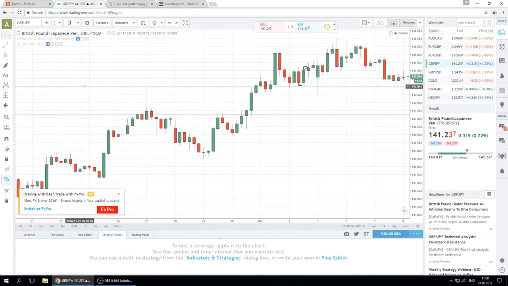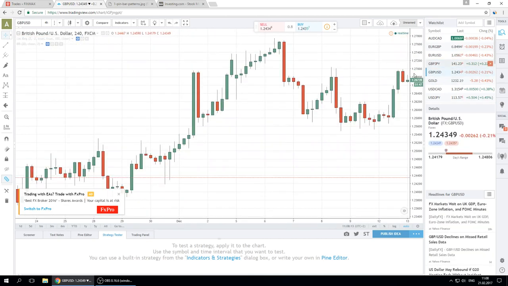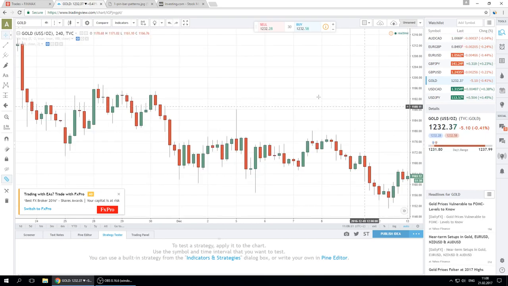So these patterns can be noticed on any time frame because, as I said before, they appear pretty often. So let's see what we need to do with them, and probably the most important, when to enter the trade.